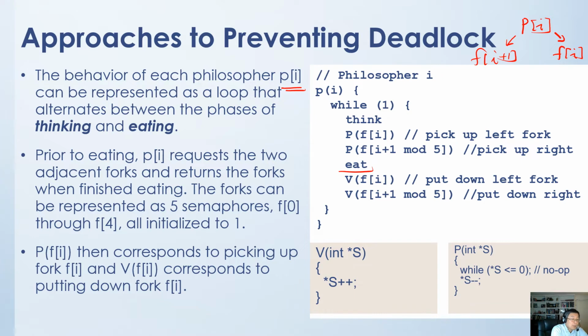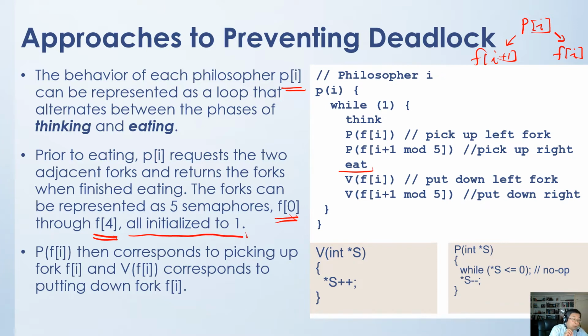So that's why the implementation for the dining philosophers is relatively easy, because semaphores can be used to resolve that problem. In this case, we can define these 5 forks, which are the shared resources, as semaphores, all initialized to 1.